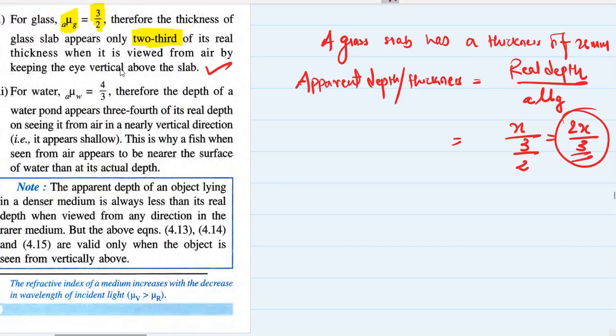For water, the absolute refractive index is 4 by 3. So depth of water pond appears 3/4 of its real depth when seeing from air in a nearly vertical direction. That is, it appears shallow.